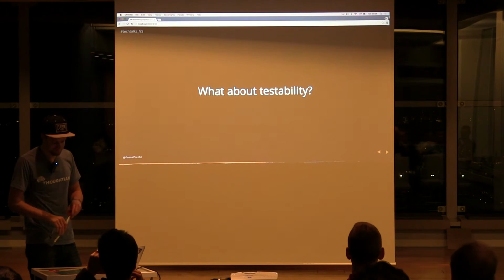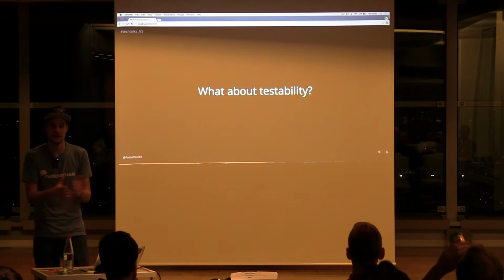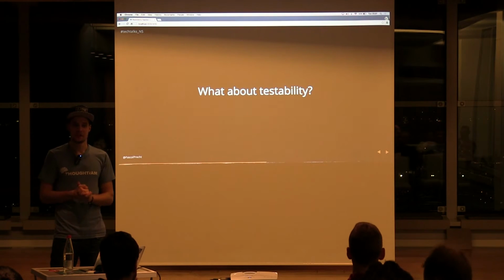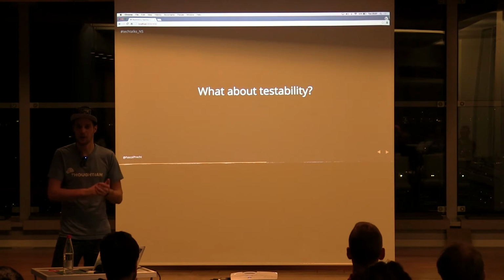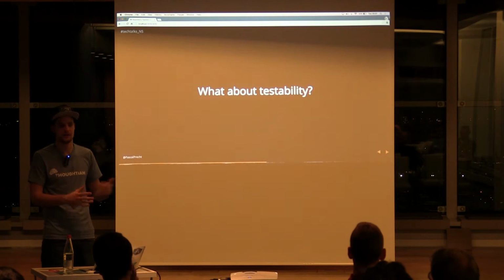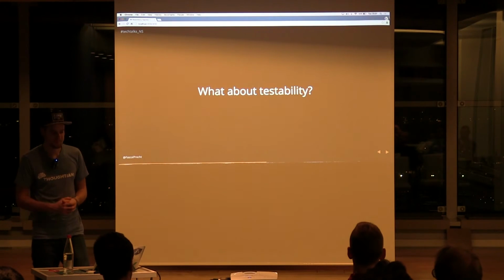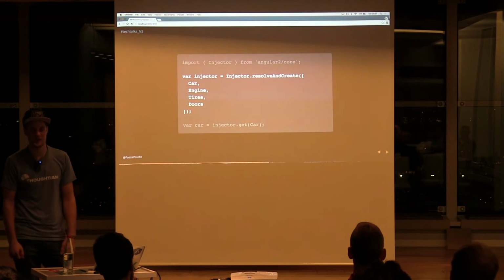Okay, what about testability? We talked about this thing that we want to be able to swap out dependencies for our unit tests. So now that we know how to create an injector, how can we achieve that? How can we make it possible that we don't inject a car object, but rather a mock car object? This is where we come back to the injector creation.